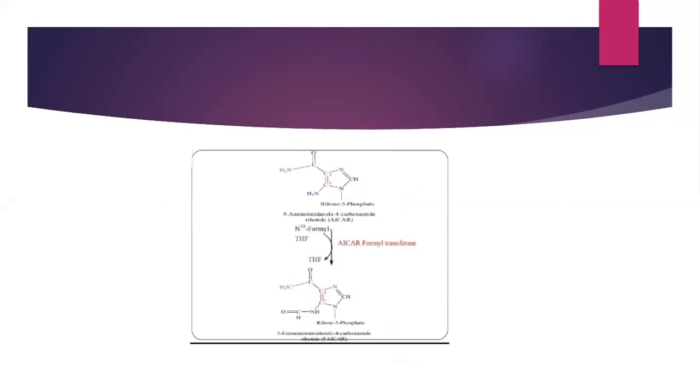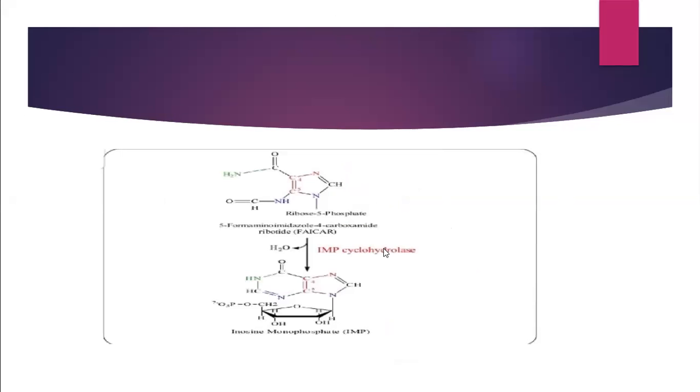Then the AICAR is converted into 5-formamidoimidazole 4-carboxamide ribotide, FAICAR. Here the formyl THF is converted into THF, and the enzyme used is AICAR formyl transferase.